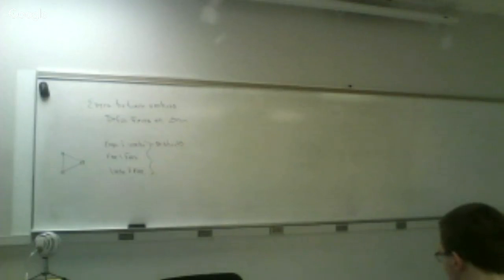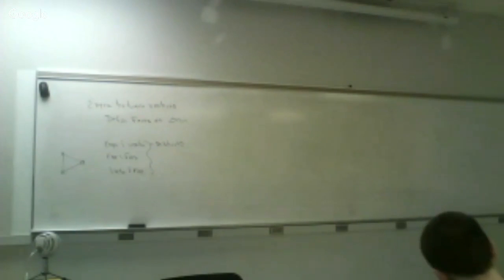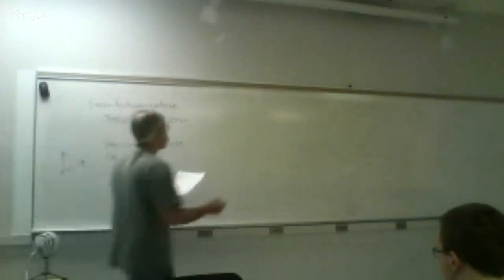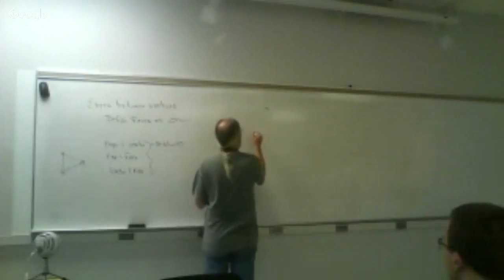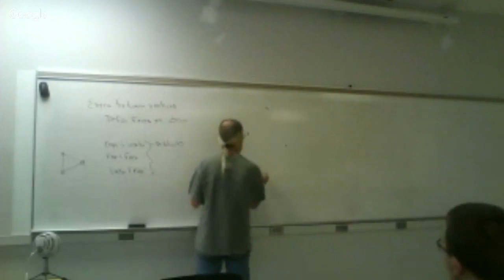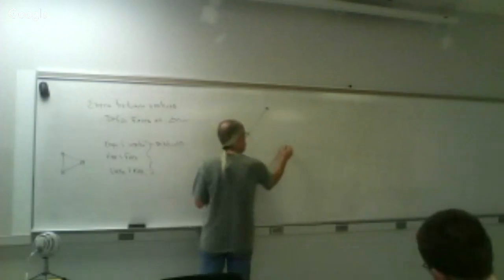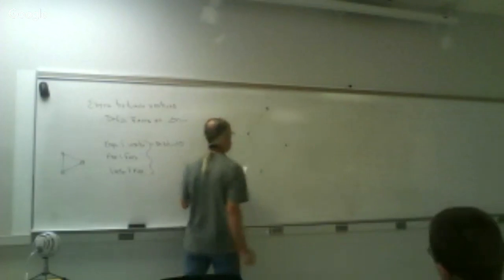Let me start out with a triangulation of a quadrilateral. I'll try to remember the order that I wanted to do these things in. Okay, so just consider this quadrilateral, this four-dot. It's not very interesting.